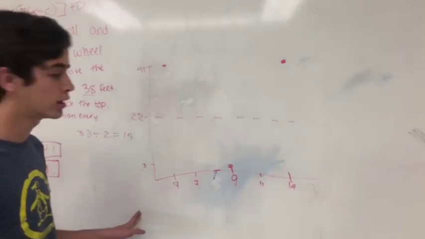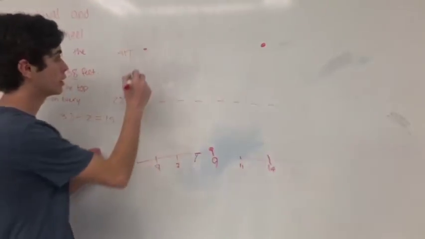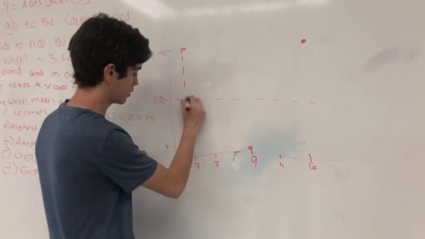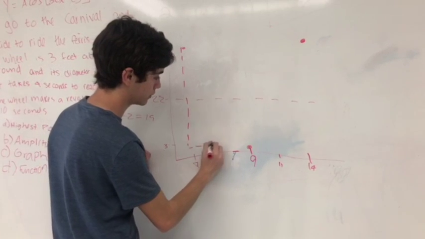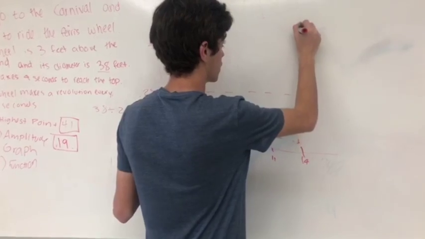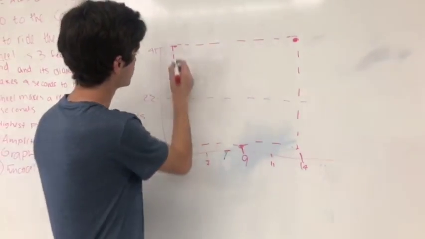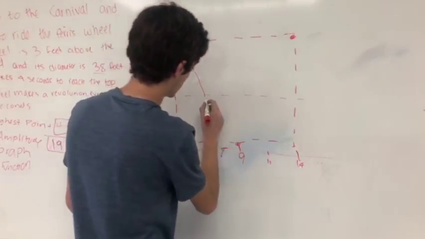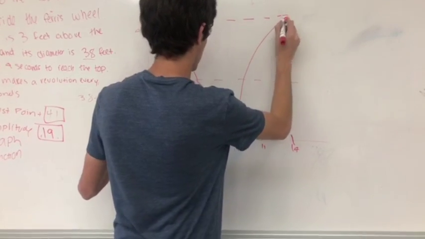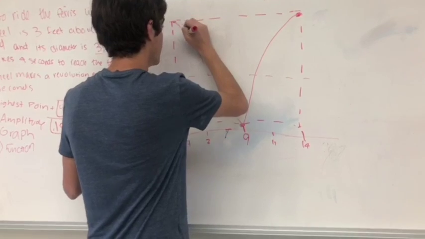We can now see that the period is from 4 to 14, so it is 10, and in order to see it clearly, we can make this box. And connect the dots. A little bit more beautiful.